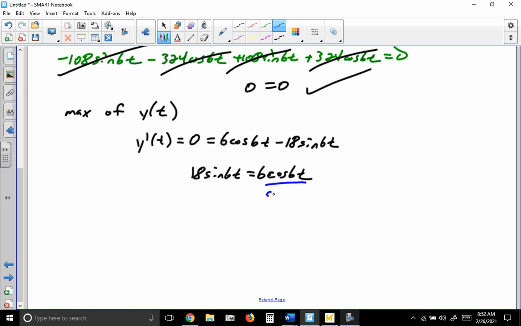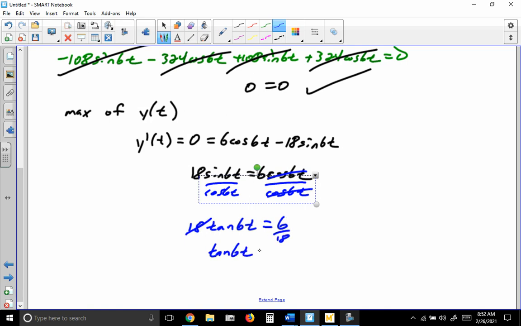So if we separate, then we can divide both sides by cosine, and that'll turn this into having one trig function. Instead of having sines and cosines, now we have tangent of 6t. So we can isolate tangent by dividing by 18. If we divide both sides by 18, we would get a 1/3 on the right side.